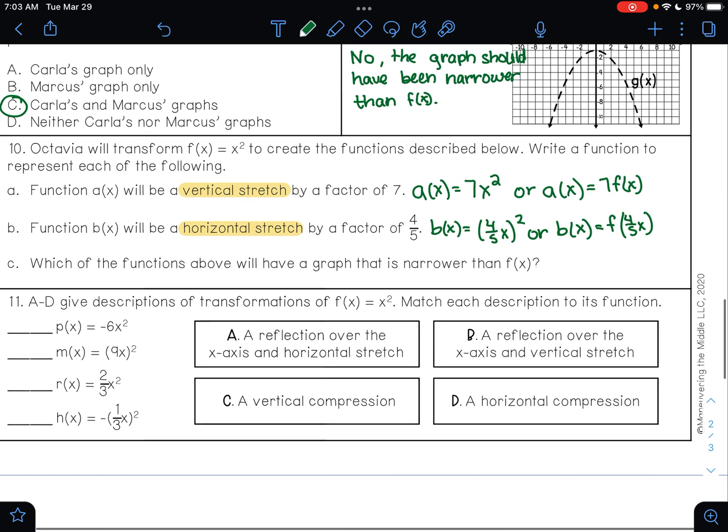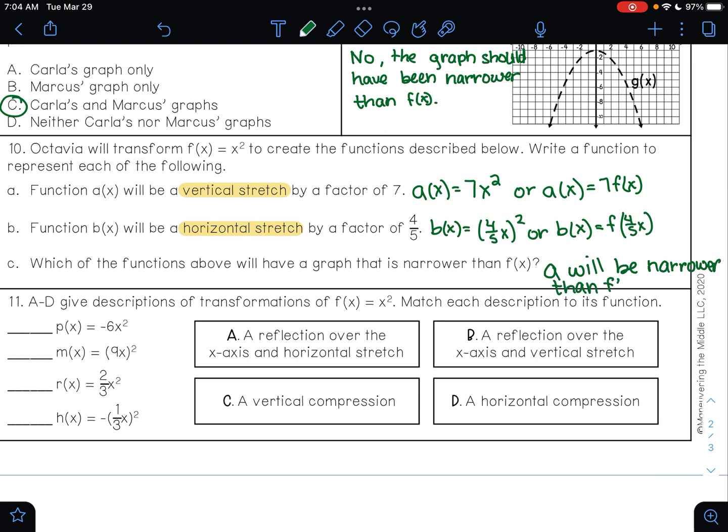So either one is correct. So which of the functions will have a graph that is narrower? Well, the one that's going to be skinnier is going to be our vertical stretch. So answer choice A. So A will be narrower than f of x.